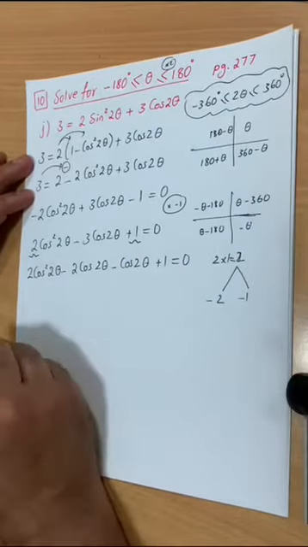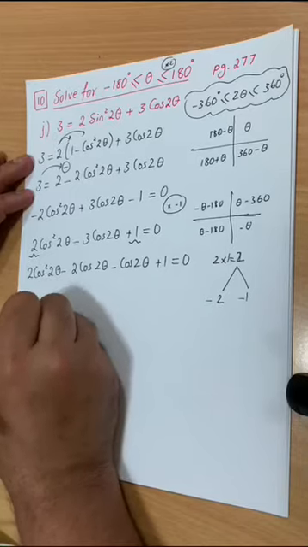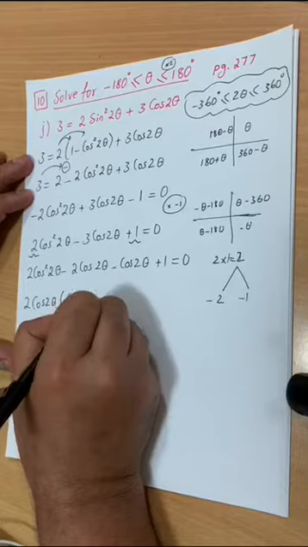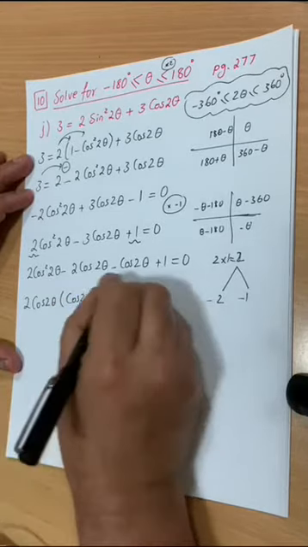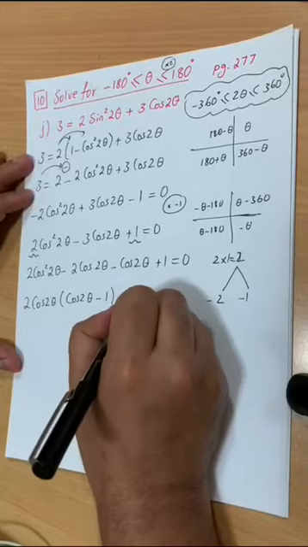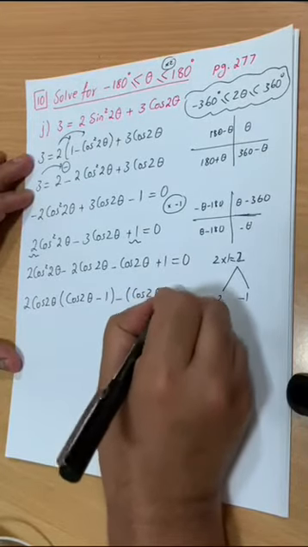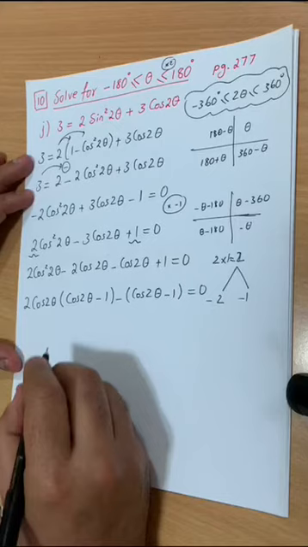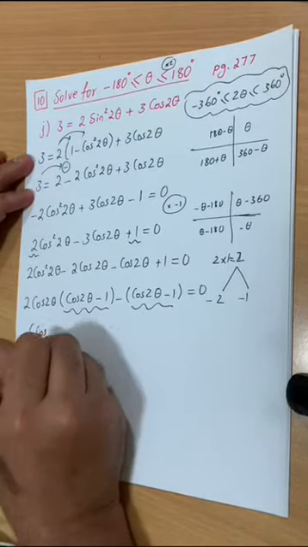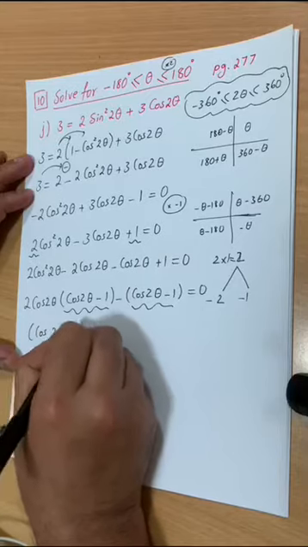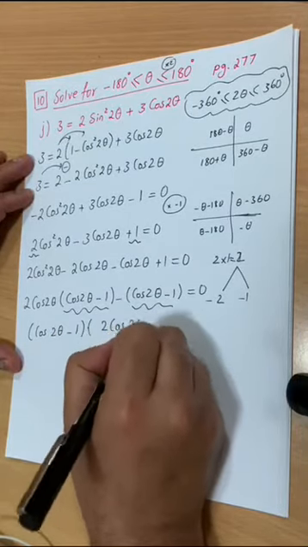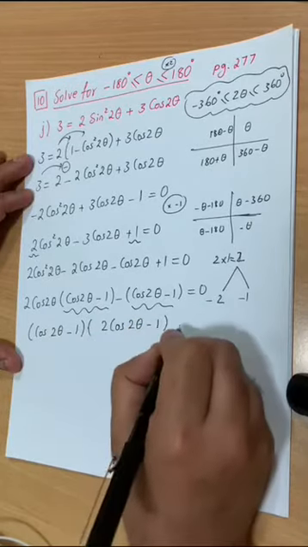From the first two terms, take 2 cosine as a common factor. So only cosine 2 theta minus 1 is left. From these two terms, take only the negative sign as a common factor. So you have cosine 2 theta minus 1 equals 0. You can take a common factor, which is cosine 2 theta minus 1, and the other expression is 2 cosine 2 theta minus 1 equals 0.